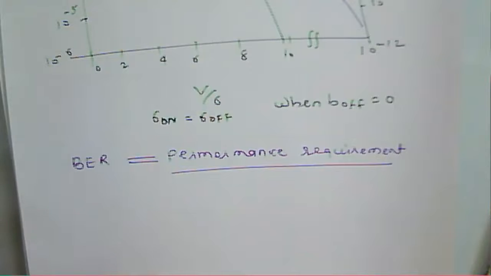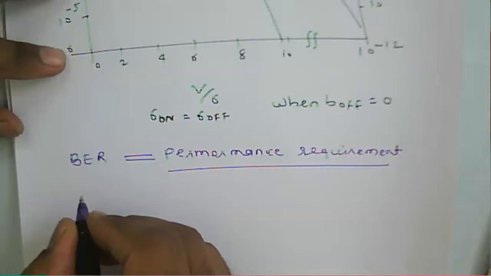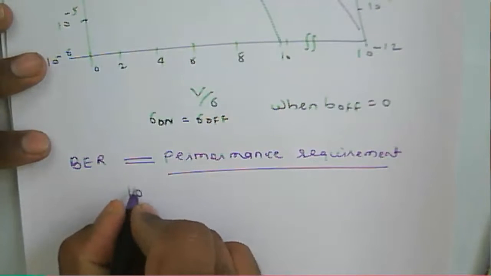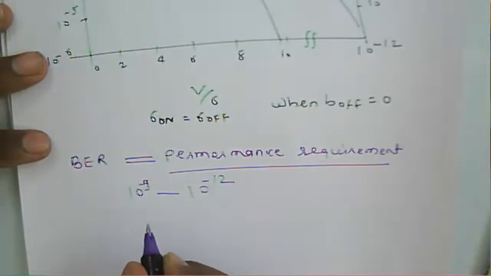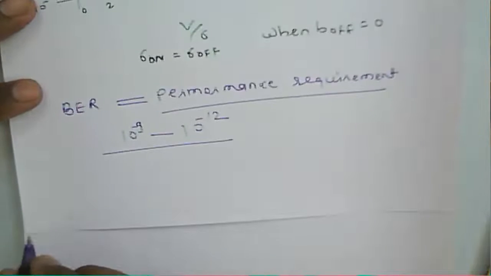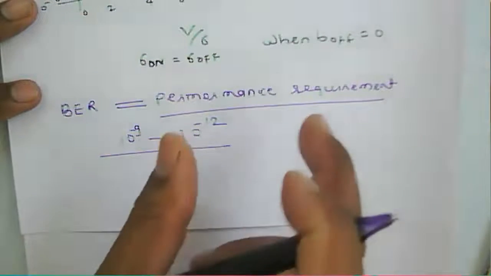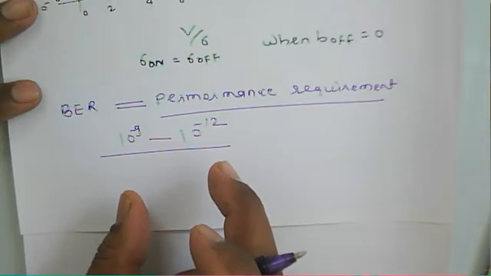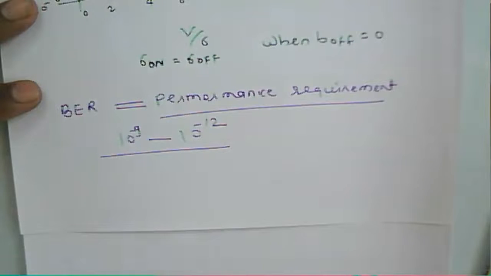So if we consider a network, what will be the BER? Generally we say that a BER is about 10 to the power minus 9 to 10 to the power minus 12 for optical communication. If the BER is greater than that, then the performance of your system degrades here.